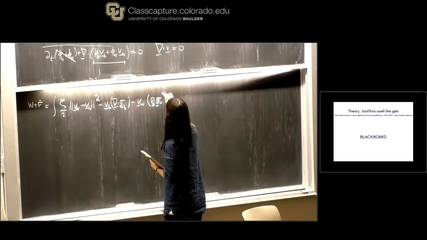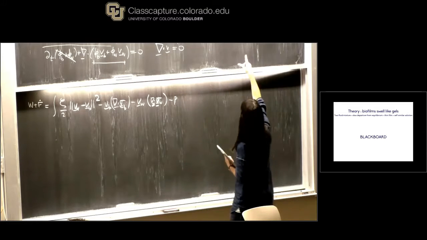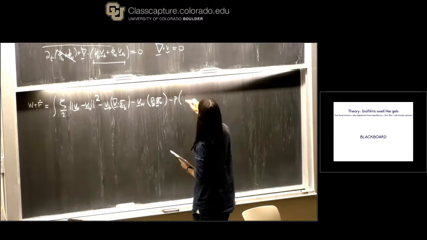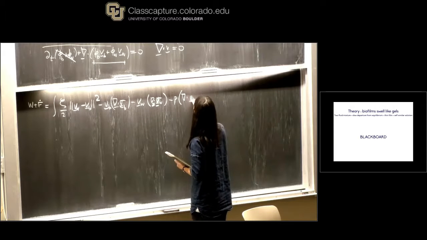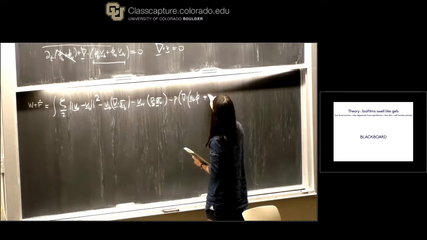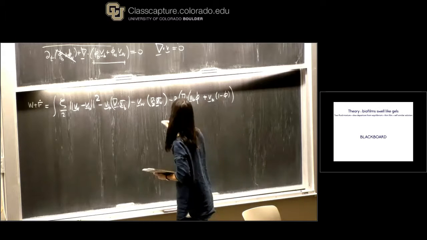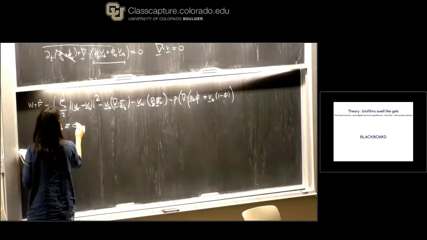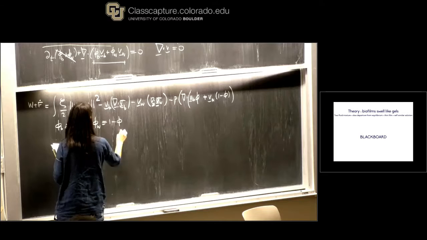And then we have divergence of V, which let's write down explicitly, it's a divergence of V biomass phi. Let me get back to the original notation. Phi B is equal to phi, and phi water is 1 minus phi.